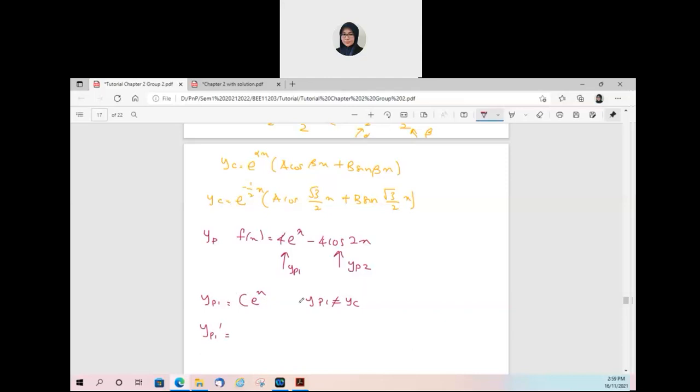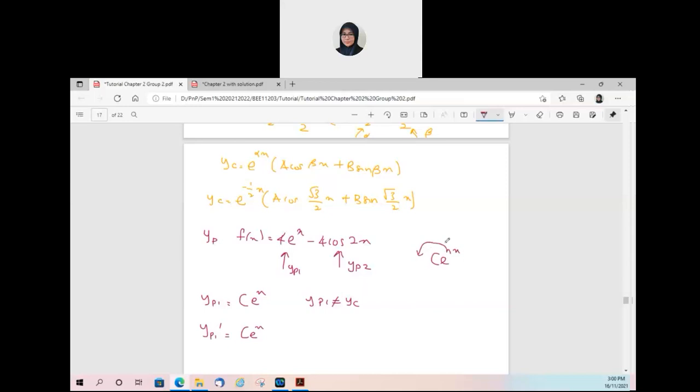Differentiate this CEX. Okay, awak differentiate CEX. Apa awak dapat? Dapat CEX balik kan? Ha. CEX. Sebab apa? Sebab you ada CE, sini NX, betul. You differentiate N ni you bawa ke depan.